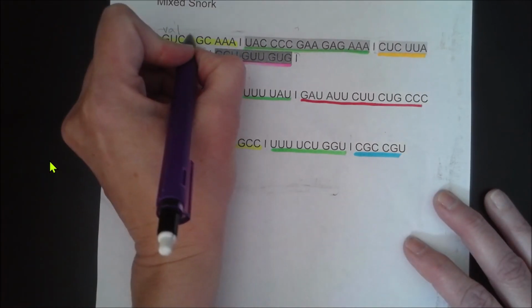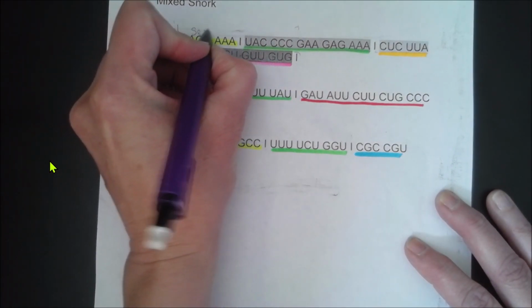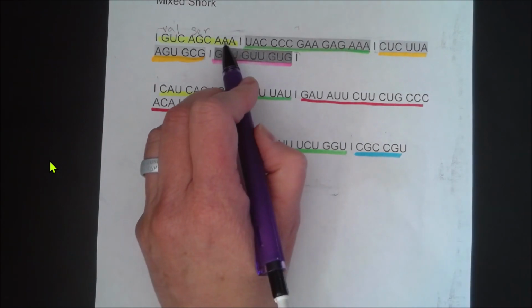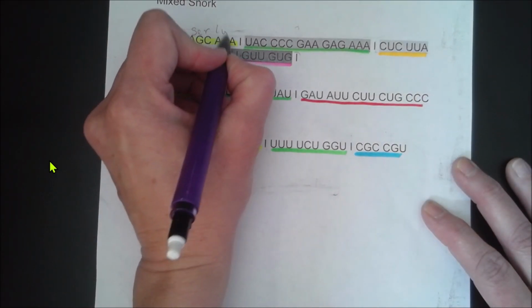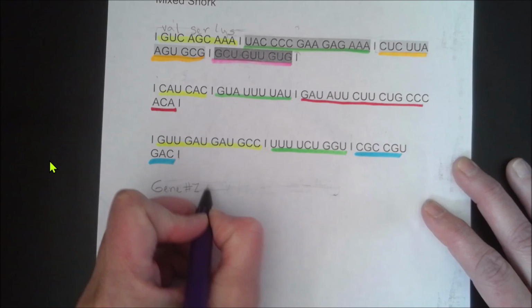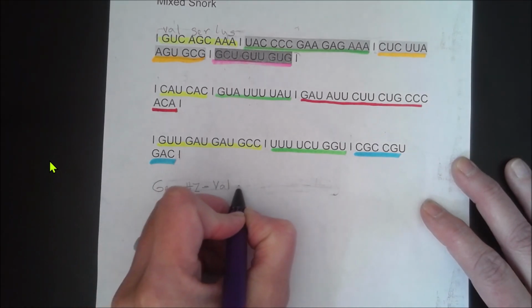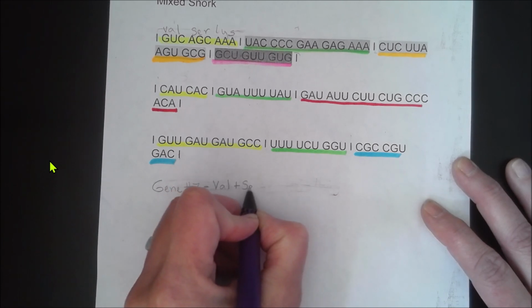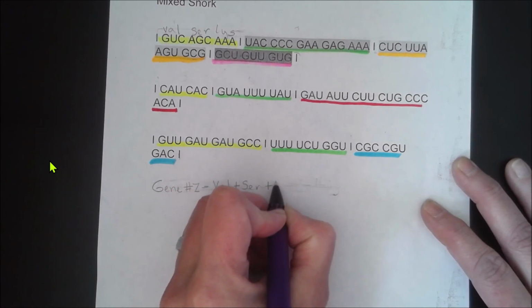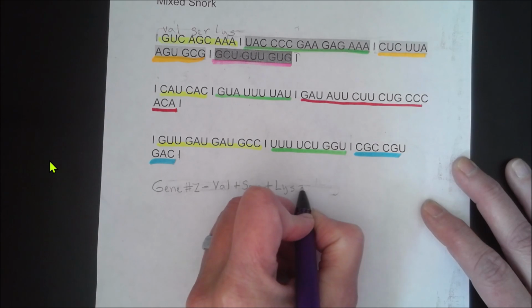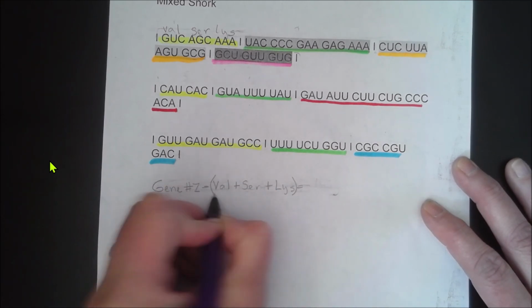The second one codes for SER. And our third one codes for LYS. So gene 1 has the amino acids VAL, polypeptide bond, SER, polypeptide bond, LYS, this protein right here.